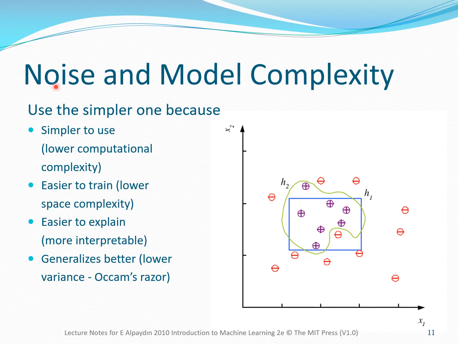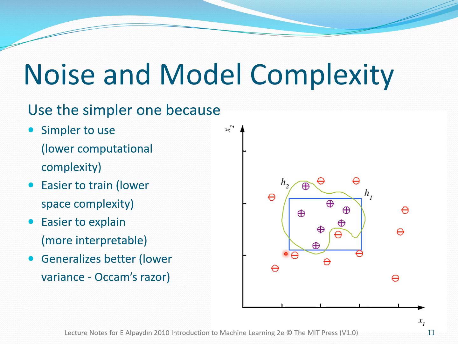As can be seen in the figure, when there is noise, there is not a simple boundary between the positive and the negative instances, and to separate them, one needs a complicated hypothesis that corresponds to a hypothesis class with larger capacity. A rectangle can be defined by four numbers. But to define a more complicated shape, one needs a more complex model with a much larger number of parameters.